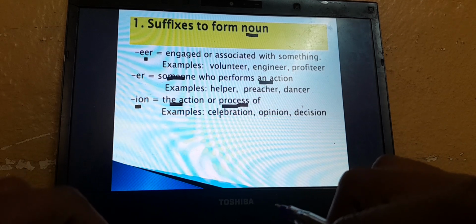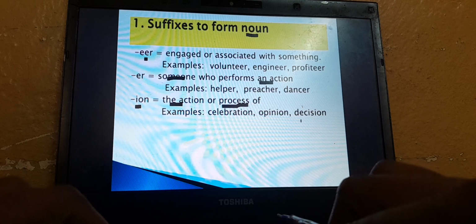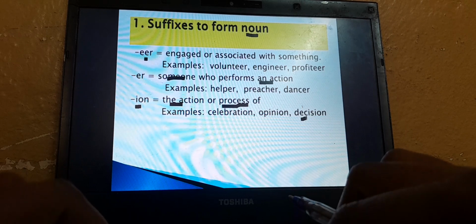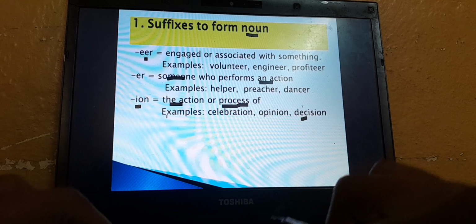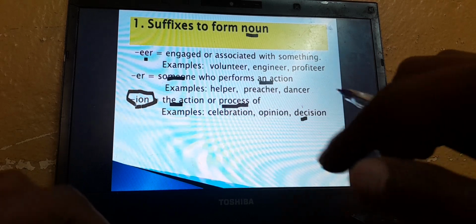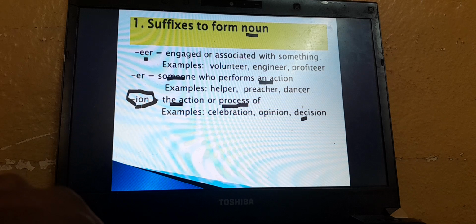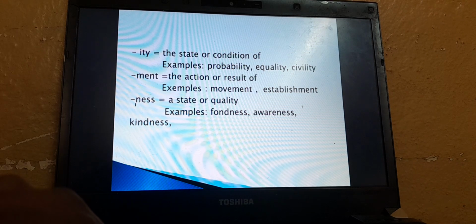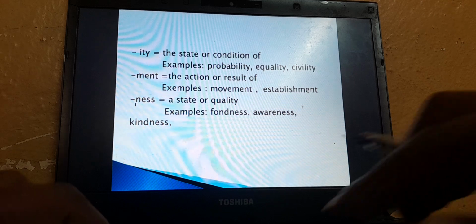Examples: celebration, opinion, decision. These are the nouns that have just been formed by using the suffix you can see here. So from this we can deduce that different suffixes can help us form nouns like the ones you have seen above.